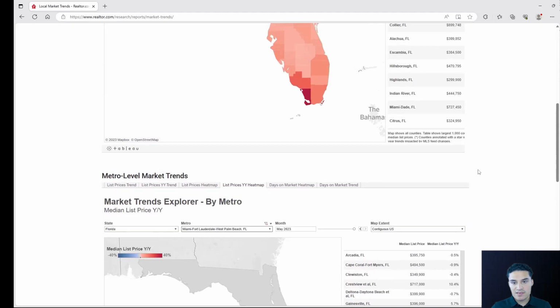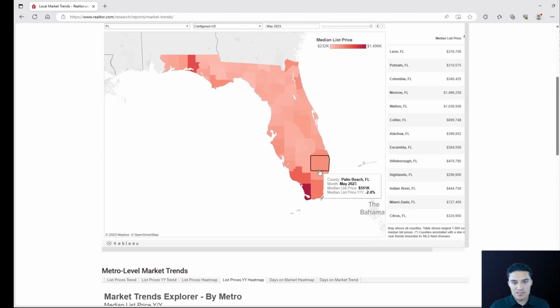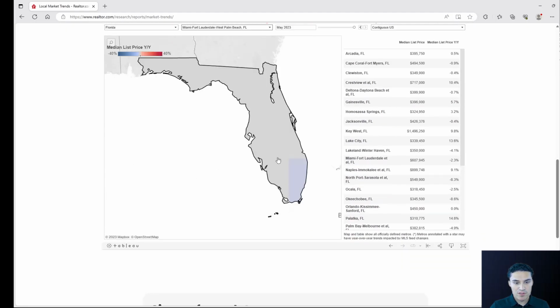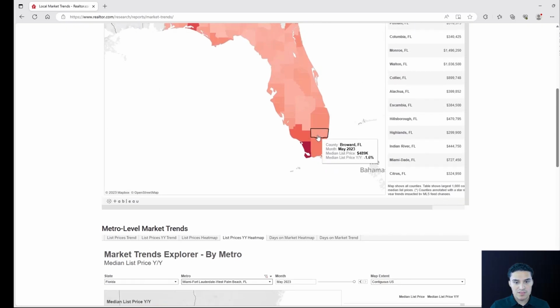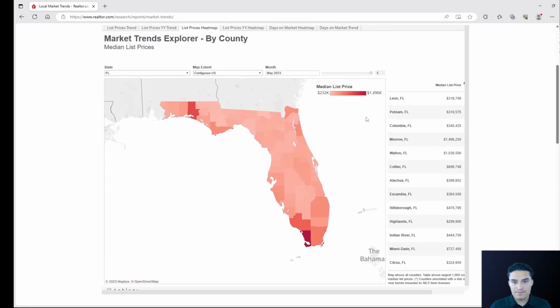And then this is going to show you the specific area. So, all right. So now we know this whole area over here is Miami. So this is the same information here. Okay. So this is what we want to look at. The average listing price in there is $591,000.